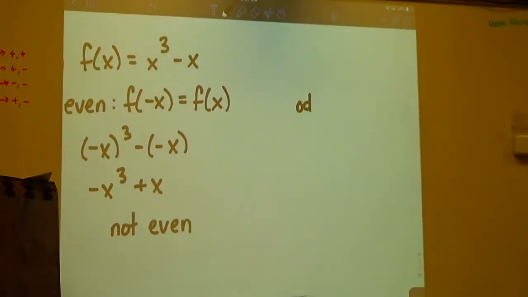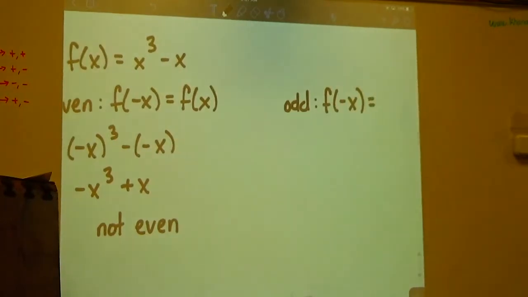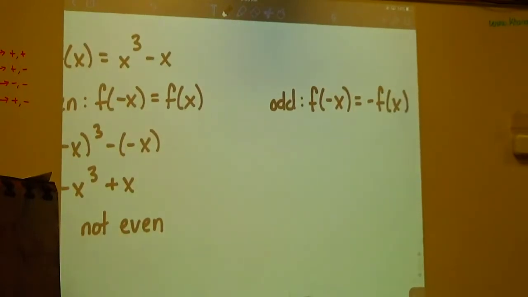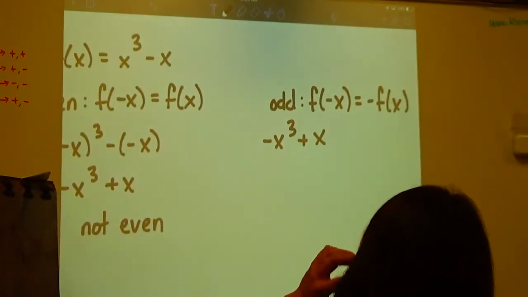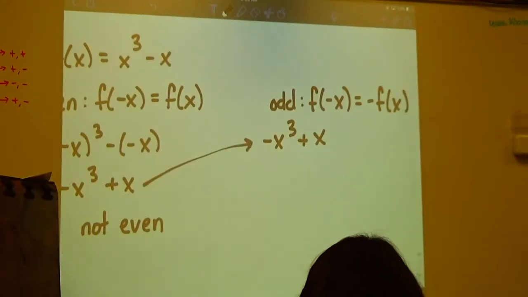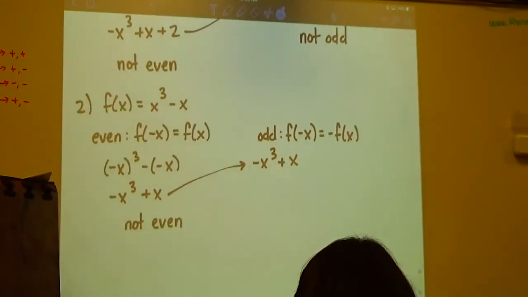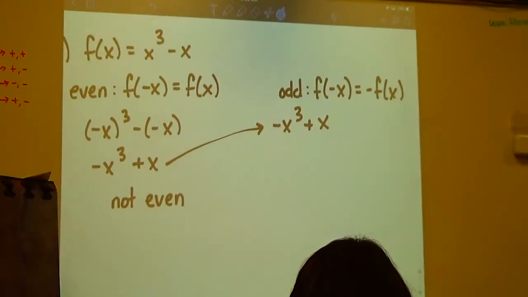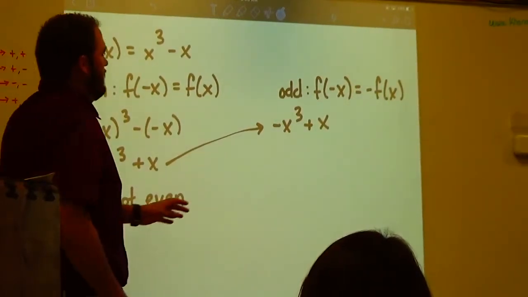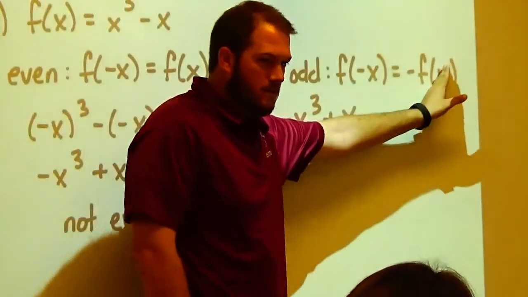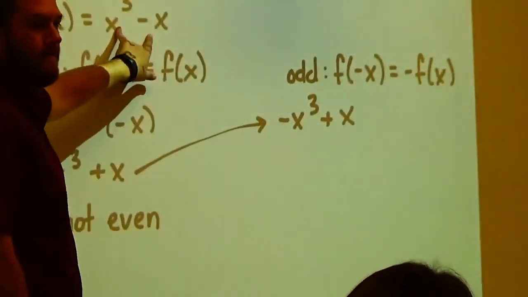All right, what about odd? We want that same f of negative x to equal negative f of x. Where did I get that negative x cubed plus x? Just brought it over. Now, if I take negative f of x, I'm changing these two signs, right?